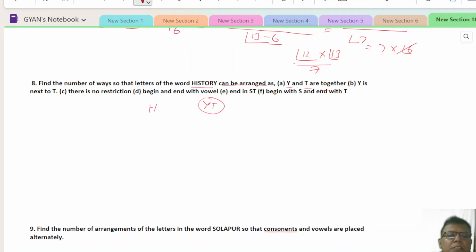Remaining is H, I, S, O, R. So this is 5, so total 6. So the 6 means factorial 6. And this YT can be written as TY also, so this will be factorial 2. Factorial 6 into factorial 2, that is equal to 1440.